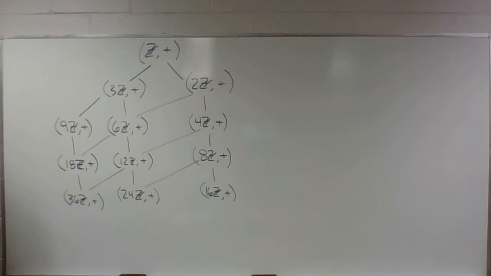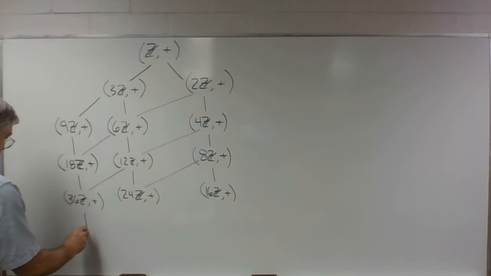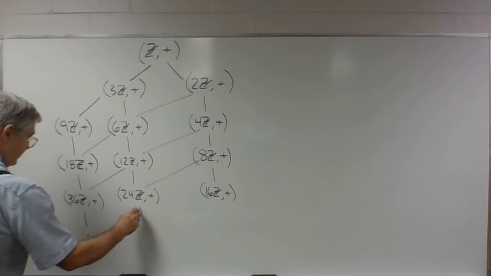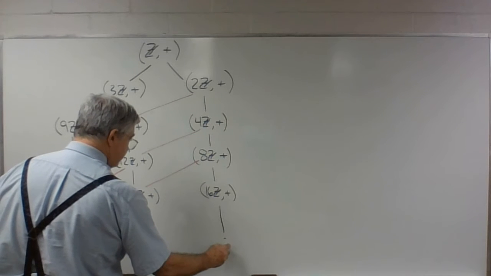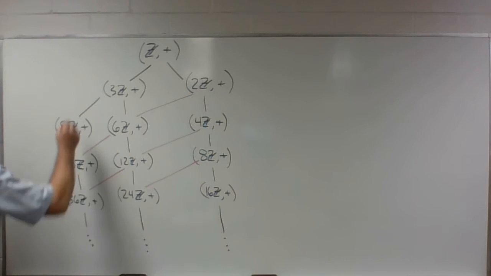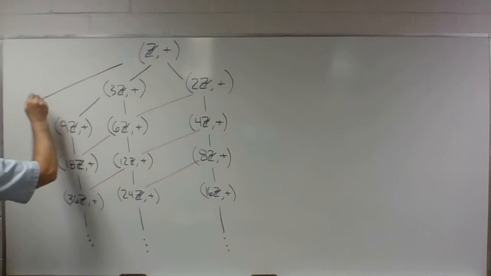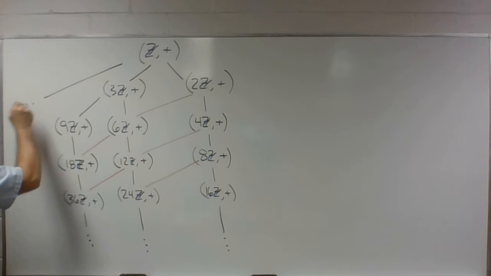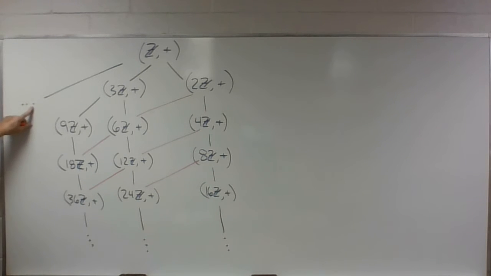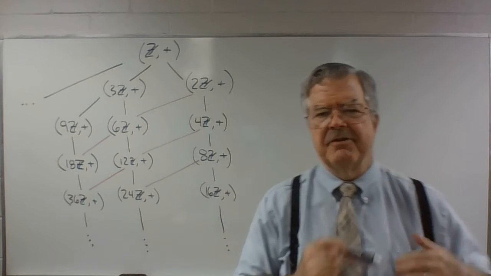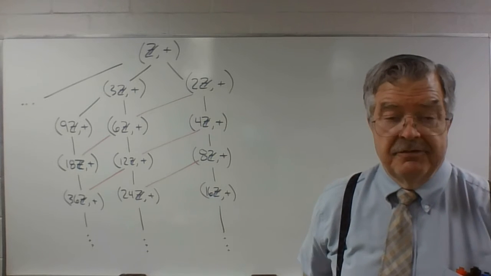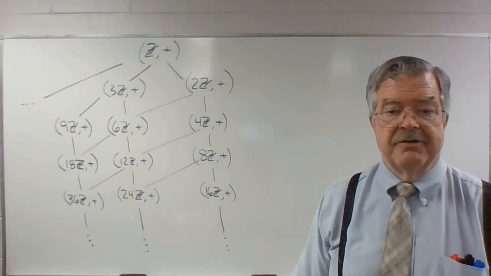And holy moly, we can go on. We'd put 5z here, 7z here, and so on. So this is a partial lattice diagram of the subgroups of the integers under addition.